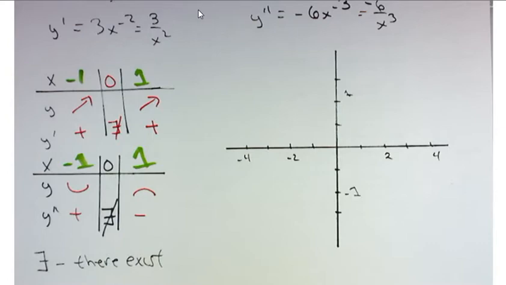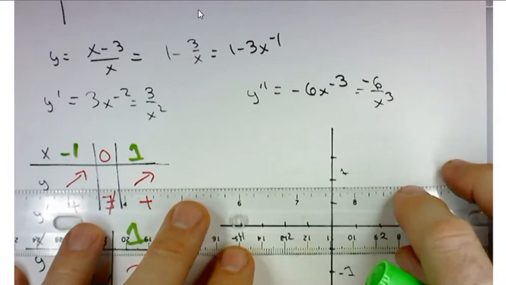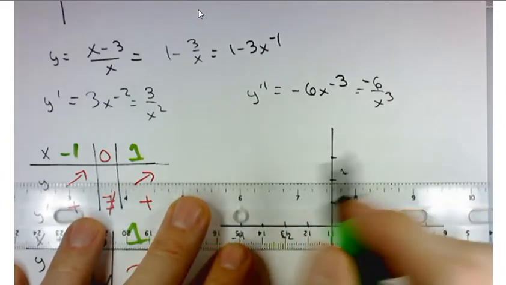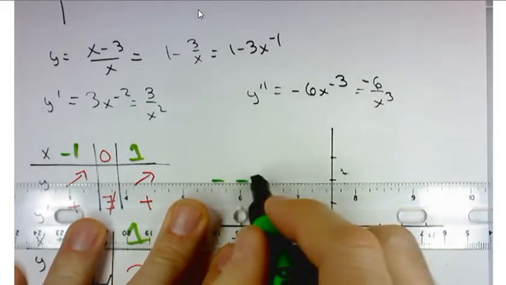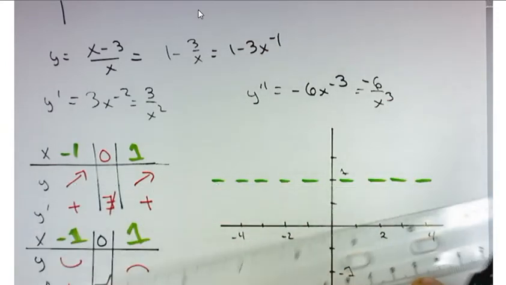So the big feature that we have to include first is the horizontal asymptote, and that's at y = 1. I'm going to do that with a dashed line because this is really not part of the graph, but it does somewhat frame our graph.